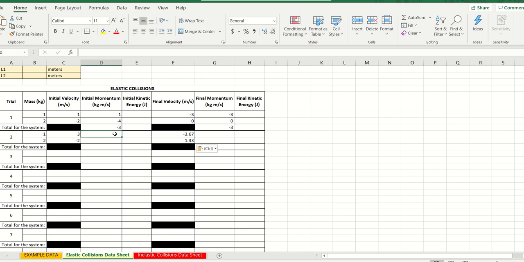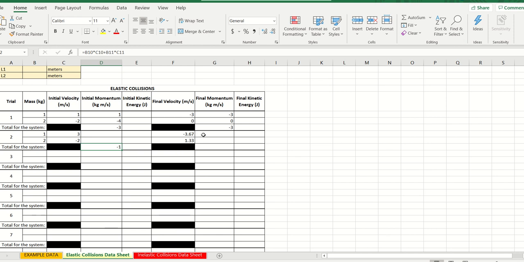So here the momentum is going to be equal to this times this plus this times. See, the total momentum is -1.